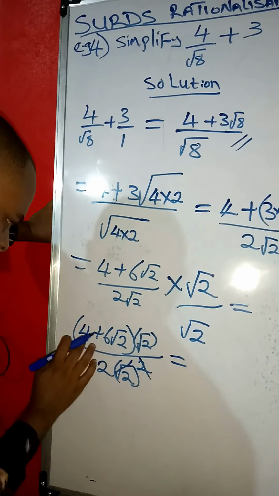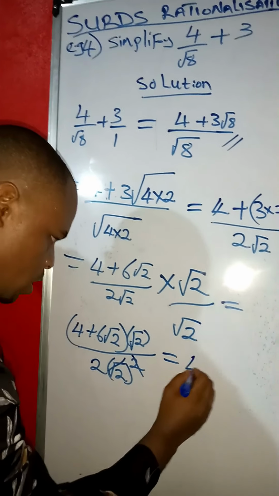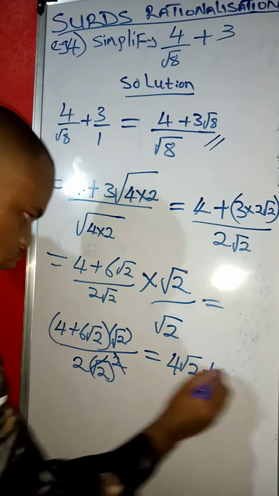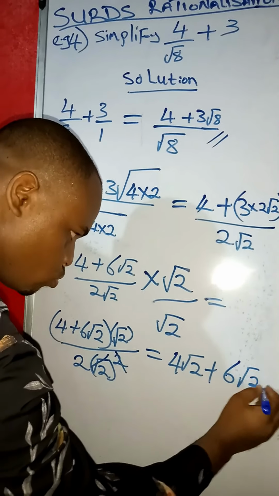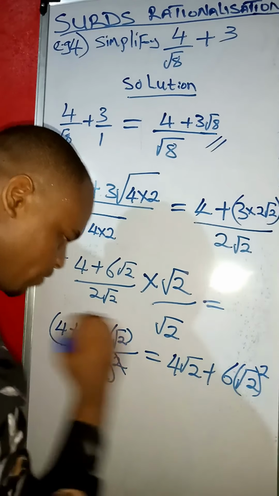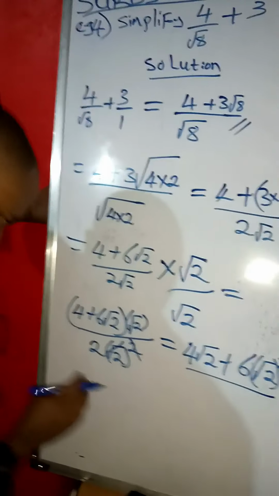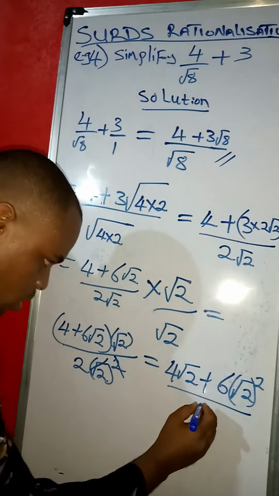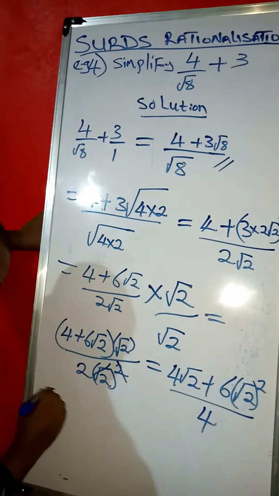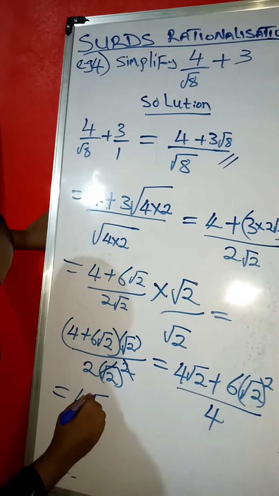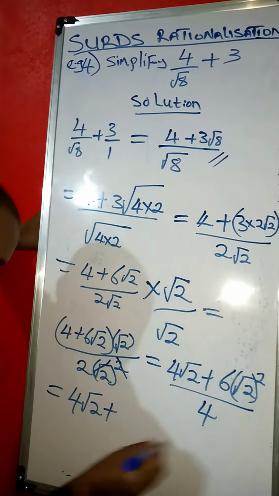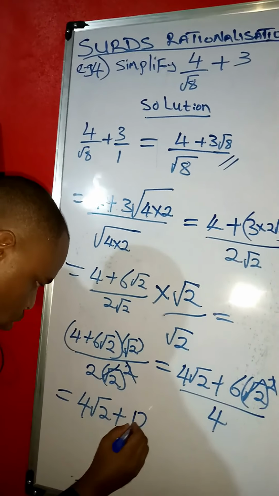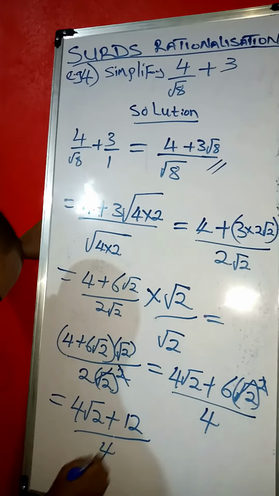So I'll be having 4 times root 2, which is 4 root 2, plus 6 root 2 times root 2 will be 6 root 2 squared. The square is only for the root 2. All over 2. This square has cancelled the square root. 2 times 2 is 4. So I'll be having 4 root 2 plus, this square, we cancel the square root, 6 times 2 is 12, all over 4.